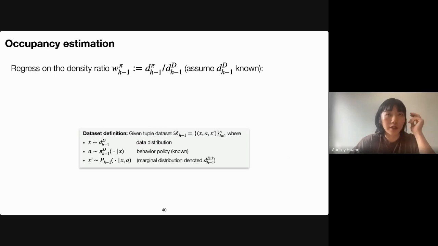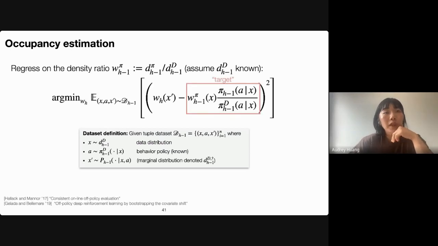Because we're estimating a distribution from another distribution, it turns out that we can't directly use d_{h-1}^pi in regression. Instead we have to use its density ratio, denoted w_{h-1}^pi here, which is the fraction of the occupancy over the data distribution at level h-1, assuming that this data distribution is known. And we'll use regression over the dataset to fit a function w_h onto this boxed expression, which I'll refer to as the regression target, which is composed of the density ratio times an importance weight that deals with the mismatch between pi and the behavior policy used to collect data.